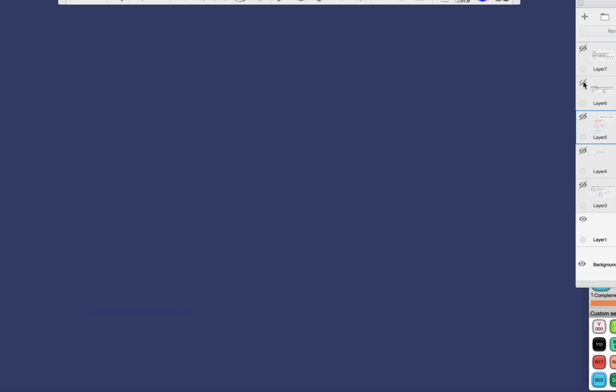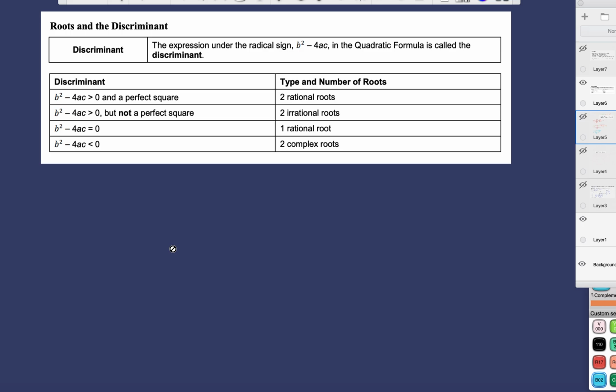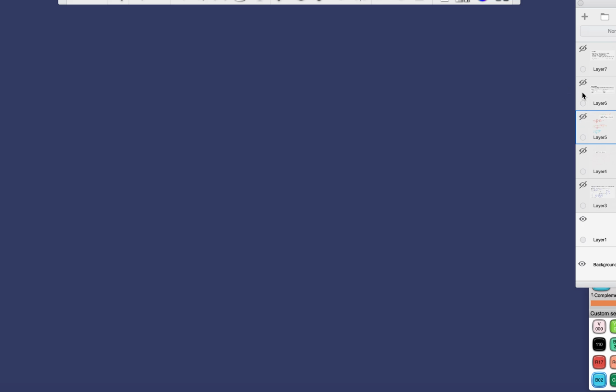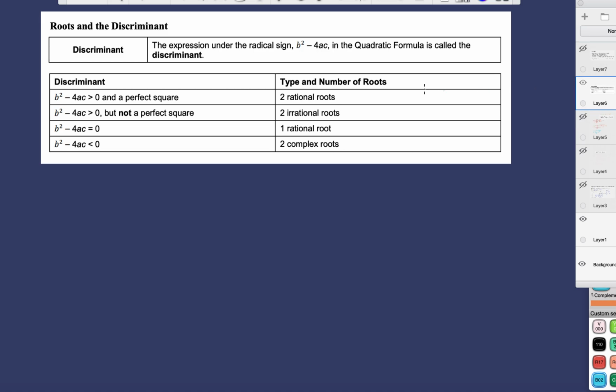Let's move on. Oh my God, the discriminant. That's that piece that we were talking about, b squared minus 4ac, and it tells you basically one thing.